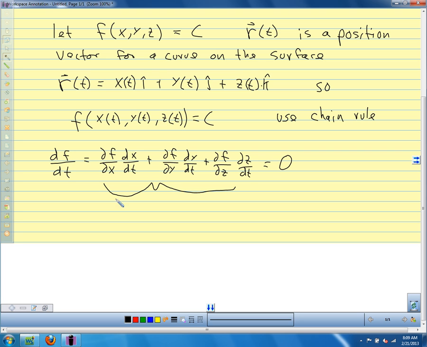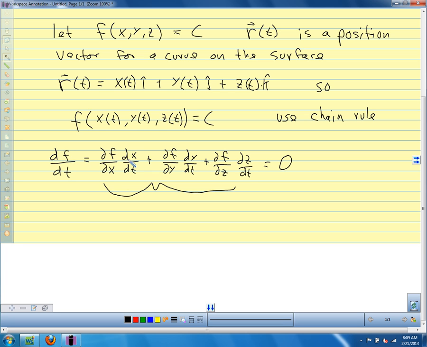What's the total differential? So it looks like the total differential. Okay. Let's think. So the total differential, that would work.